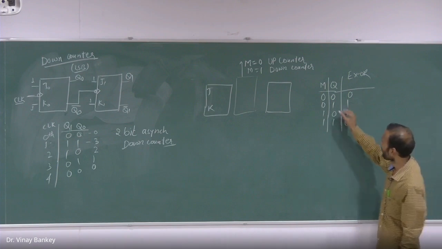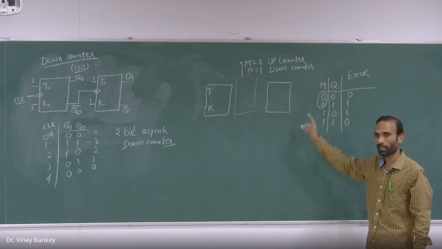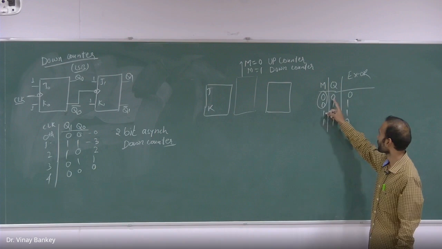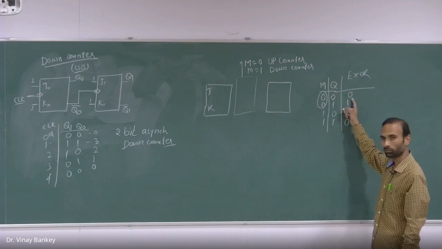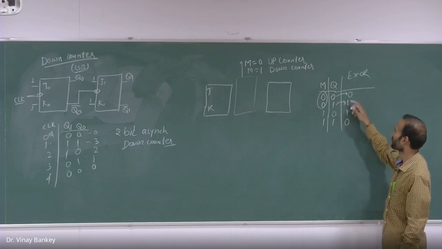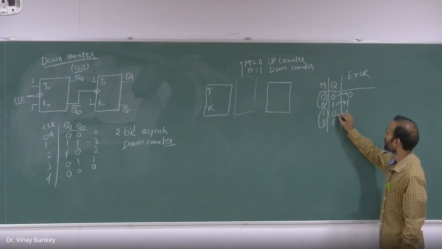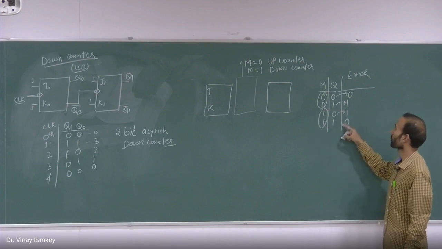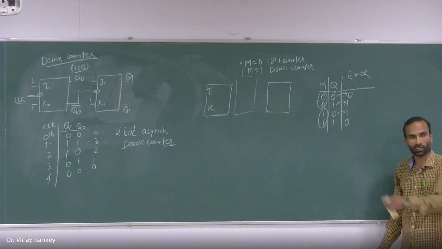Okay, so see here, when my M is 0, it is reflecting the Q. Whatever the value of Q we have at the output of XOR gate. When my M is 1, there is a complement of the Q at the output of the XOR gate. Isn't it? Is it clear?